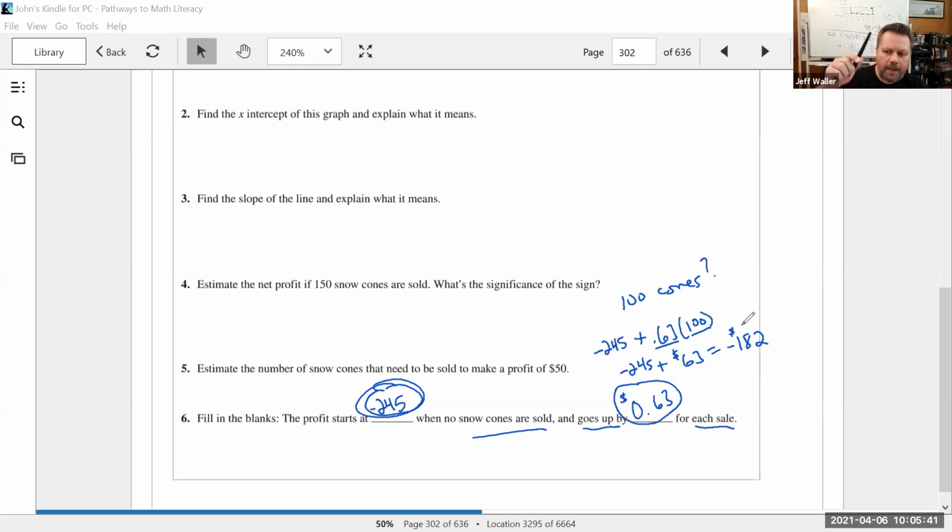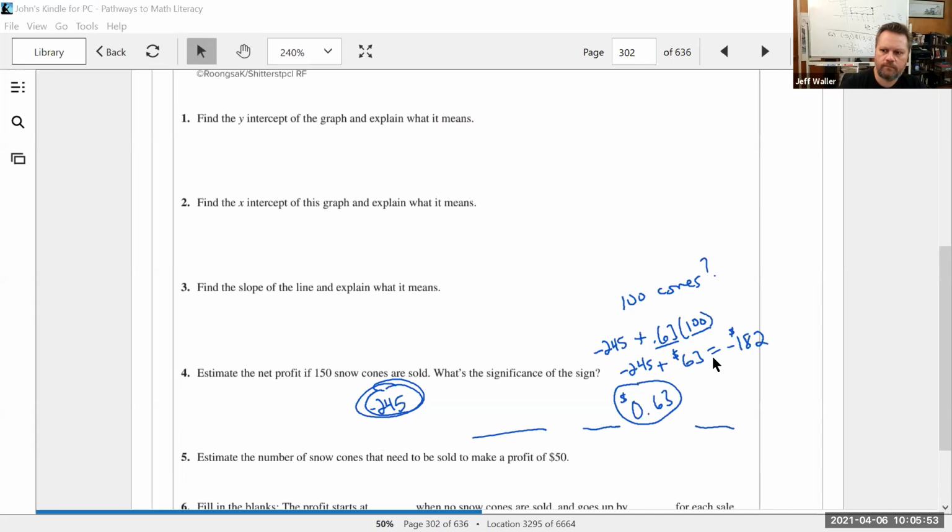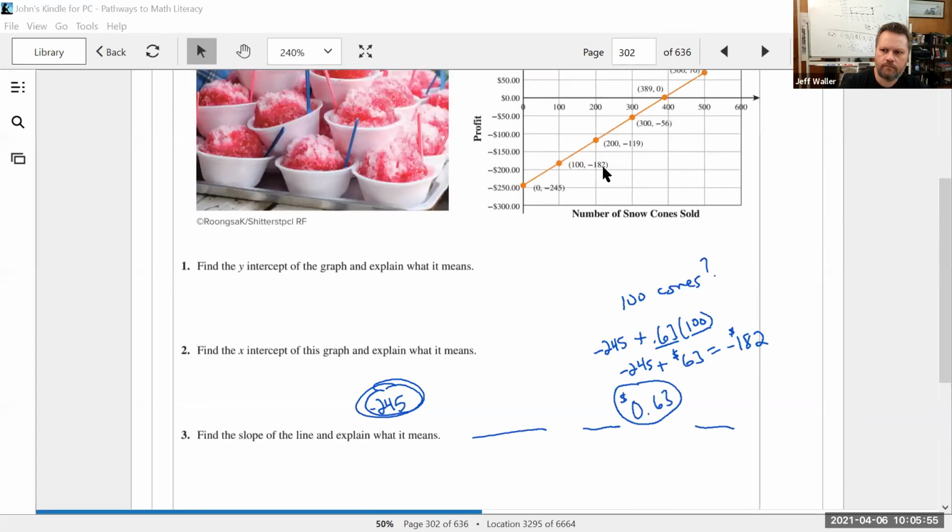And if you look at the graph, what's the point 100 comma what? Negative 182. But didn't we just calculate the same thing as where the point is? Yes, okay.